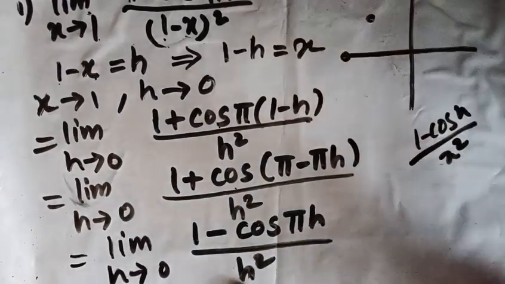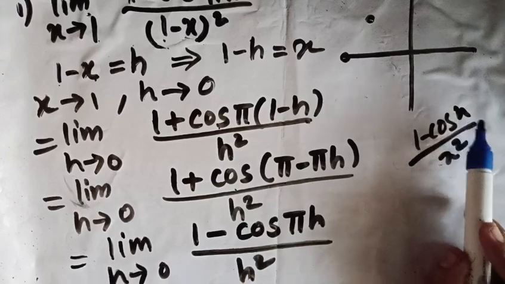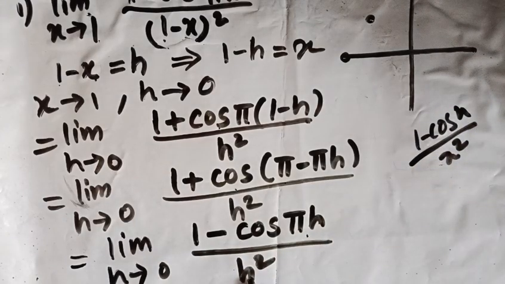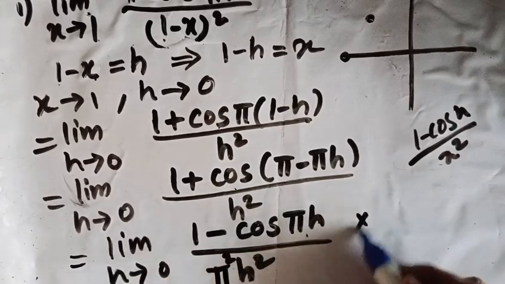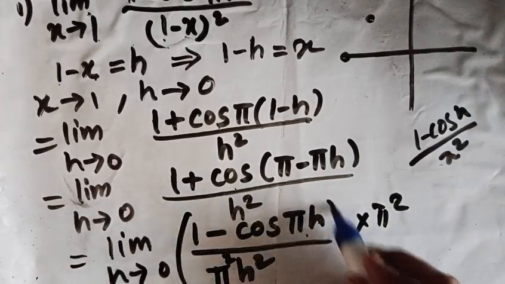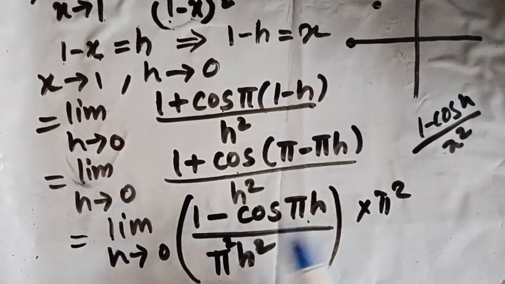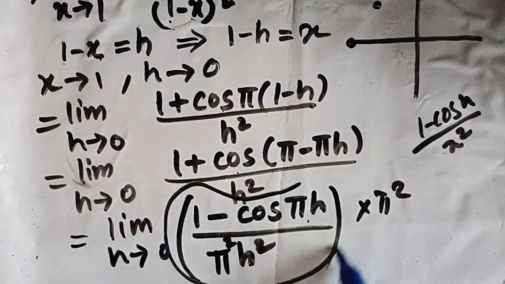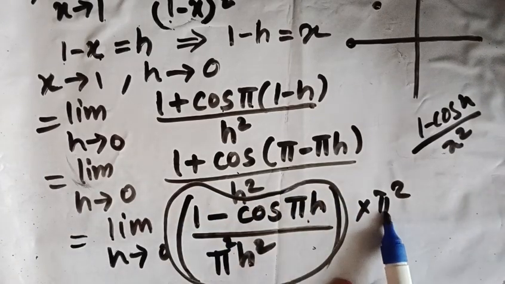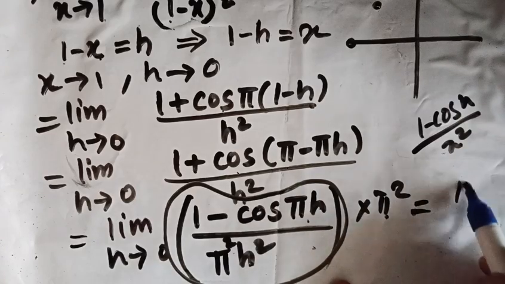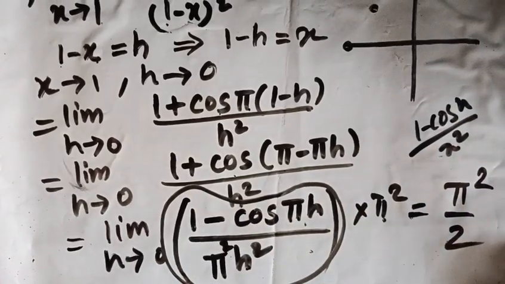We just have to make the angle equal. Here h square is given, we want pi square, so we'll divide and multiply by pi square. So that this thing as h tends to 0 becomes half, and there is a pi square here. The final answer is pi square by 2.